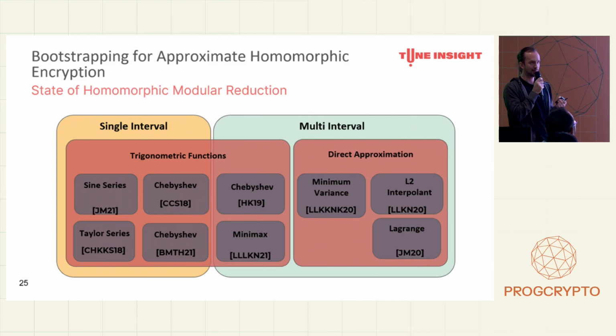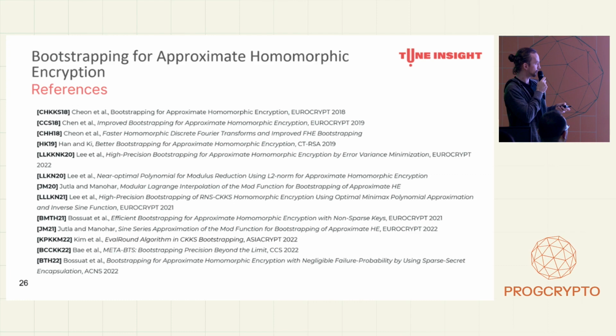And for a long time, the question was, how can we get something that is really precise and that does not need very large parameters and become impractical? So yeah, just the references if you need them.